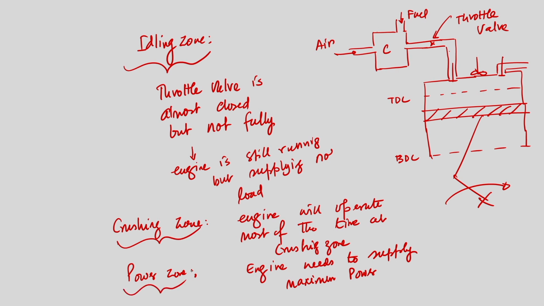So, you can see that depending upon the load supplied by the engine, we can classify these three different zones. And now we need to know what will be the amount of fuel air or air fuel ratio to be supplied to the engine if the engine is running in the idling zone, or the cruising zone, or the power zone.